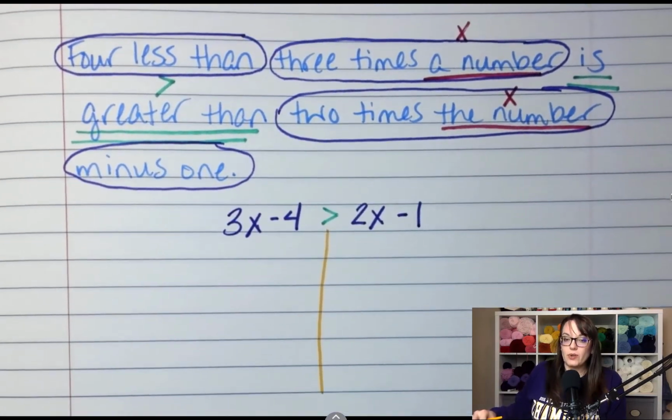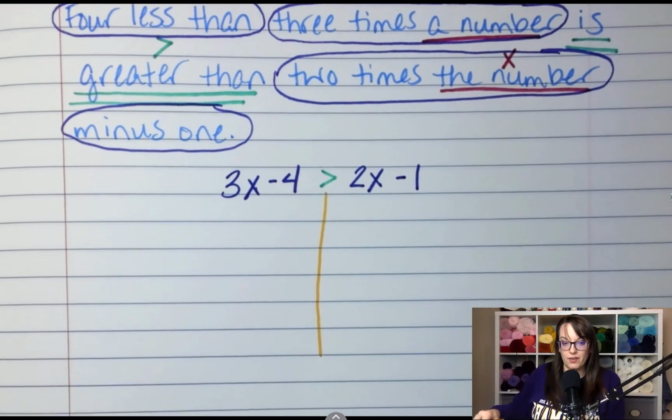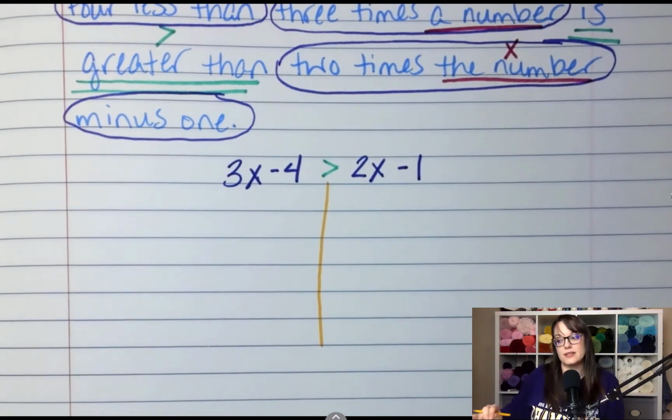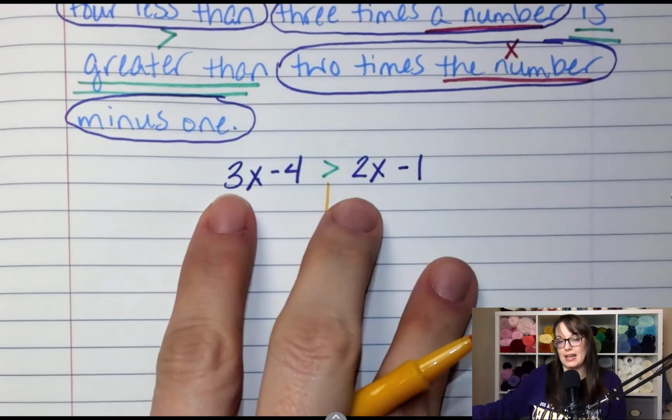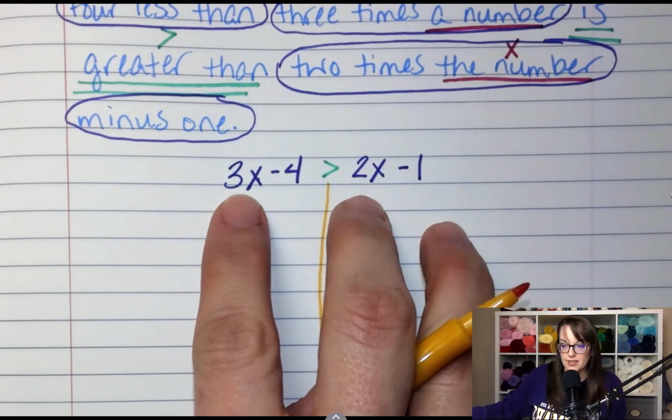Now remember, just like with equations, there's lots of ways you can solve this. I'm going to try to pick the path of least resistance. So first I want to cancel out my variables. I can either subtract 2x from both sides or 3x's.